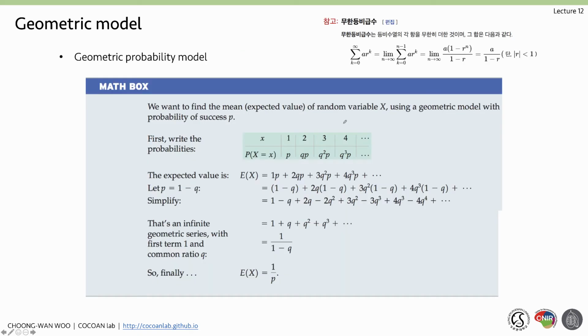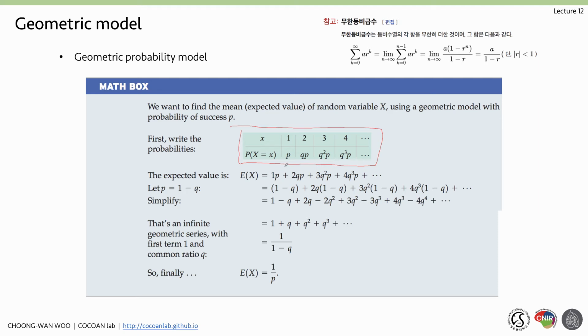And this is the proof of why the expected value of X is 1 divided by P. So this is what we know, right? X equals 1 has probability P, 2 is QP, and 3 is Q squared P, and so on. And the expected value should be 1 times P, plus 2 times QP, plus 3 times Q squared P, and so on.